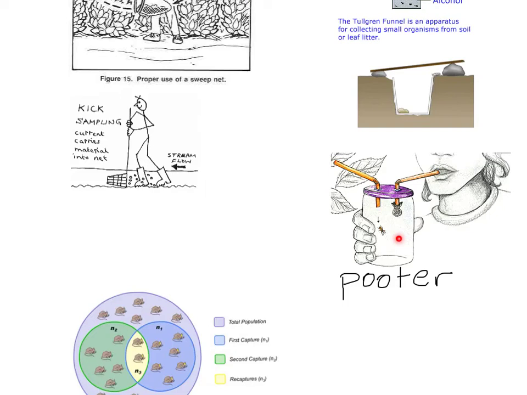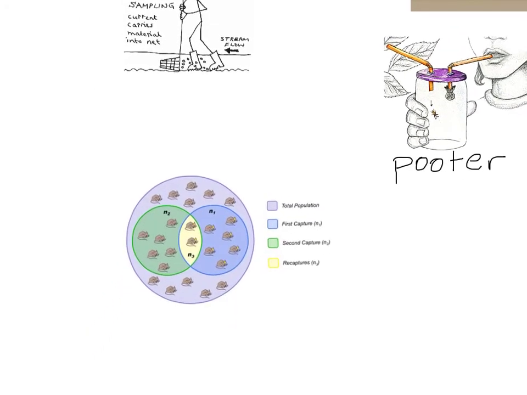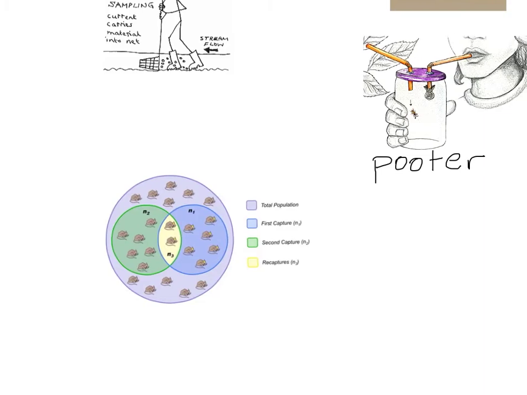And then lastly, and probably the more complicated one, is the mark capture recapture one, illustrated by this diagram here. So we've got a population of, like, mice.